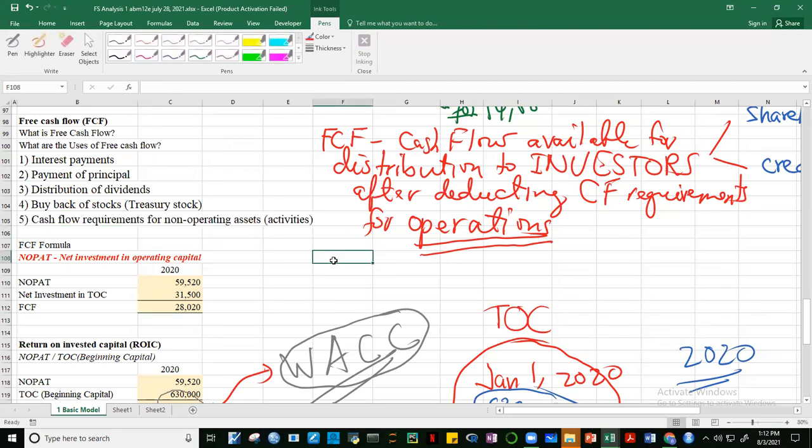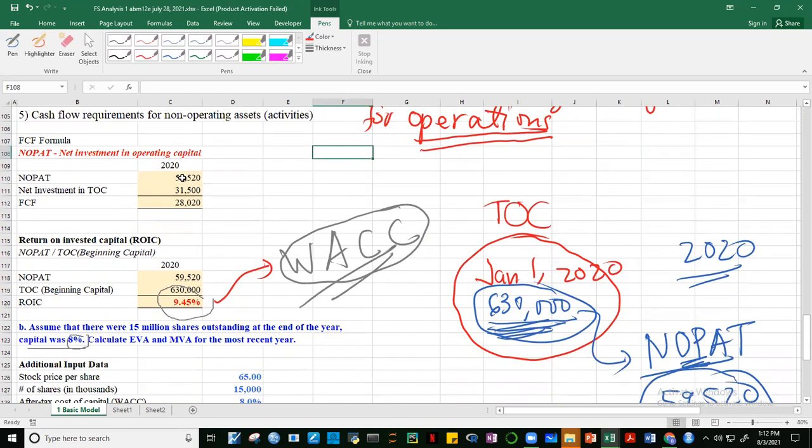So these are the five uses of your free cash flow. As the name suggests, it is free to distribute to shareholders. It is computed by net operating profit after tax minus the net investment in TOC.